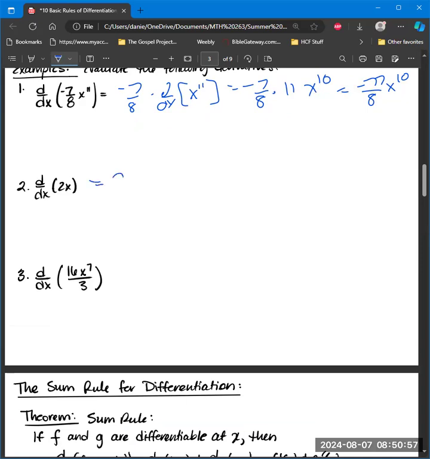This is going to be equal to 2 times the derivative with respect to x of x. It's 2 times 1.